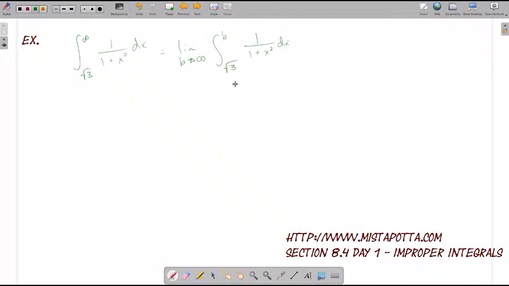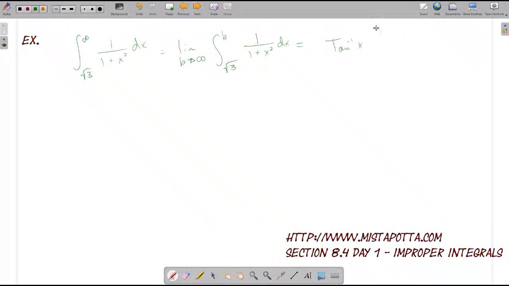And now I need to take a look at what this function is that I'm trying to take the antiderivative of. It turns out that this function is a really nice function to work with. It ends up being the inverse tangent function.